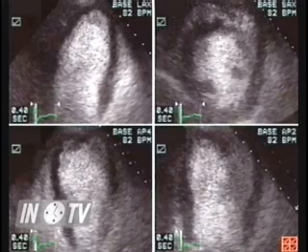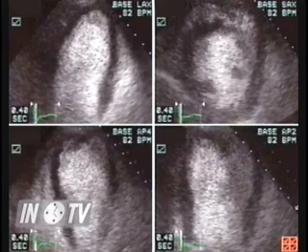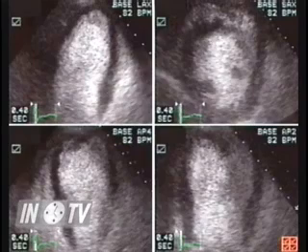And that'll show up white because, again, echo is all sound waves, and how sound waves bounce off different tissues. So the black here now is the walls of the heart, and it's a prettier picture if it's a moving image, because in stress echo you visualize the walls of the heart as they move, and you can infer blockages because of the way they move during stress. Next slide, please.